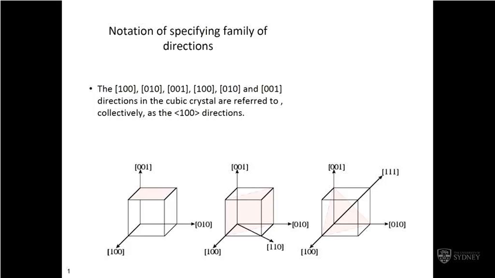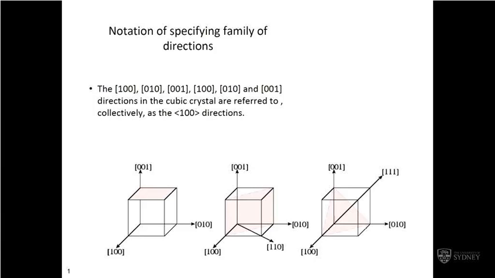It looks pretty straightforward, and it is straightforward, but remember that we have defined the vector in direct space like this: m a1 plus n a2 plus o a3, where all of those are integers.